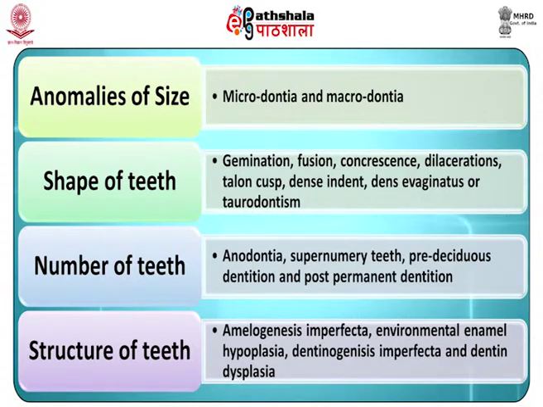Whereas the developmental disorders also include the disorders of number of teeth, such as anodontia, supernumerary teeth, predeciduous dentition and post-permanent dentition. Lastly, the anomalies of the structure of teeth include Amelogenesis Imperfecta, environmental enamel hypoplasia, Dentinogenesis Imperfecta and dentine dysplasia.